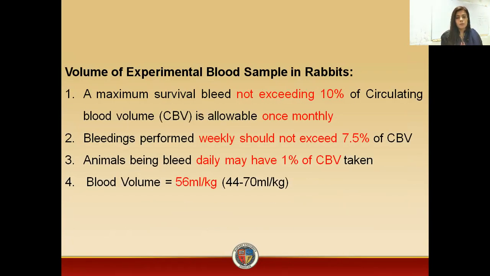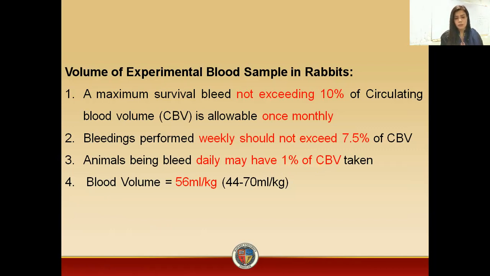Usually, if we are performing the experiment once a month, you can collect blood not exceeding 10% of the CBV, that is the circulating blood volume. On a weekly basis, it should not be more than 7.5%. And in the case of a blood sample taken daily, it must not be greater than 1% of CBV, that is the circulating blood volume.